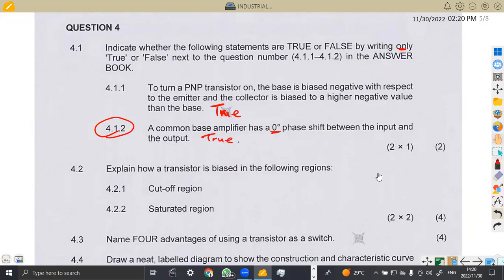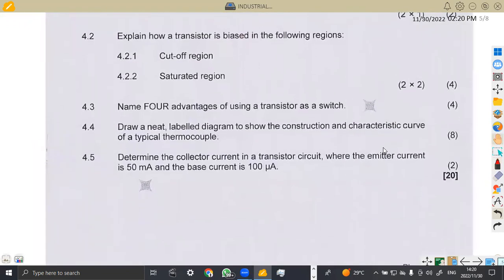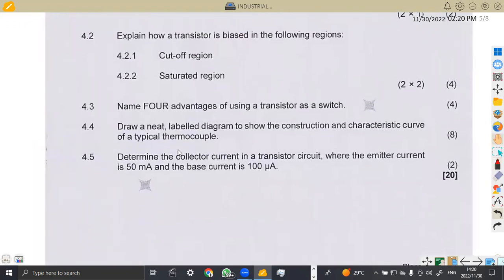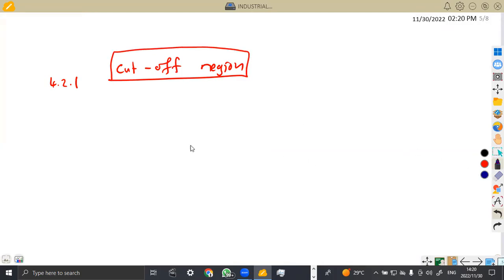Okay. 4.2, explain how a transistor is biased in the following regions: in the cutoff region, in the saturated region. Let's see the first one, 4.21, in the cutoff region. How is it done in the cutoff region? That is what the question is all about. It is when both the base emitter and base collector junctions are reverse biased.